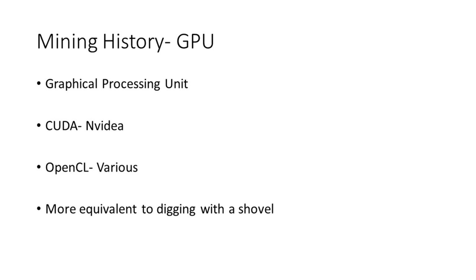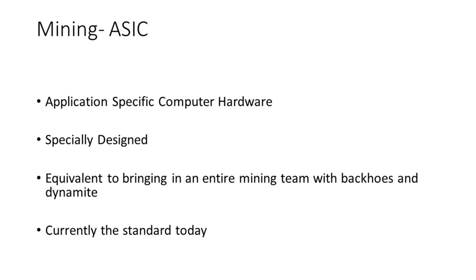This new GPU method was more like digging with a shovel and was far more successful than mining by CPU. Quickly, everyone switched to GPU mining software. But Bitcoin mining is a lot like an arms race. You always want the best. From GPU mining, miners went to a new direction. Miners moved off of personal computers and servers to something called ASICs, which stands for Application Specific Integrated Circuits.